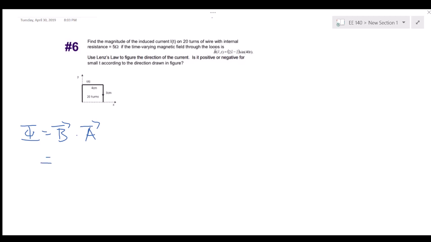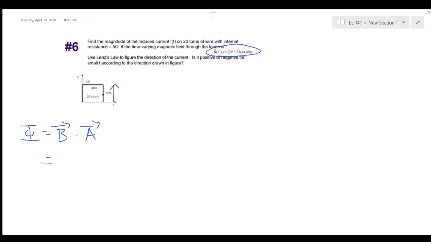So the B field is defined as this. The direction 2x hat is going this way. And that's not perpendicular to the area, it's parallel to the area.